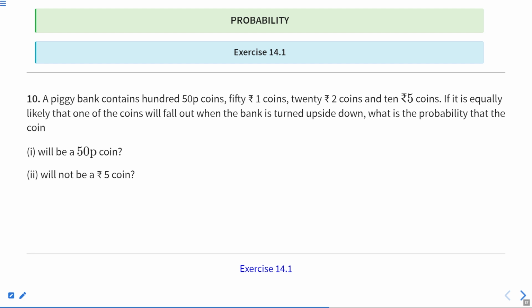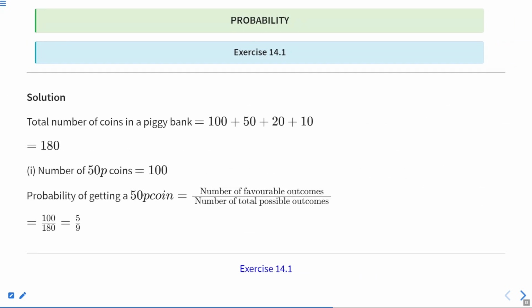If it is equally likely that one of the coins will fall out when the bank is turned upside down, what is the probability that the coin will be a 50 paisa coin and will not be a rupees 5 coin? So let us solve this problem.